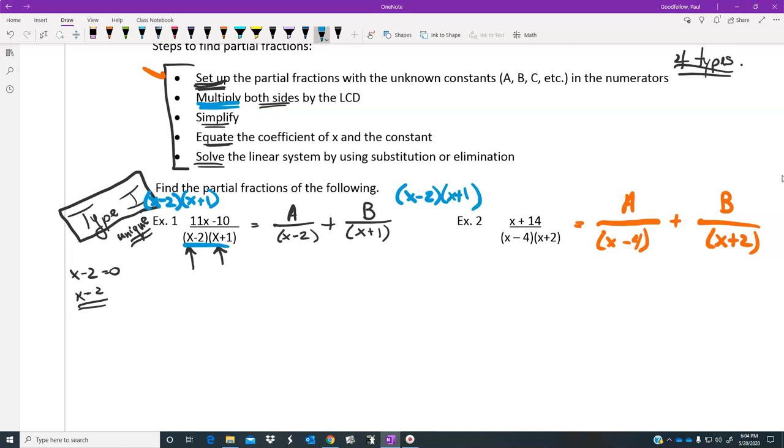Now, on the left-hand side, not a whole lot really is super exciting about what happens. If I multiplied by this common denominator on one side, and this was the already common denominator on that left side, they would completely cancel with one another, and the left side would be 11x minus 10. That would be no big deal.